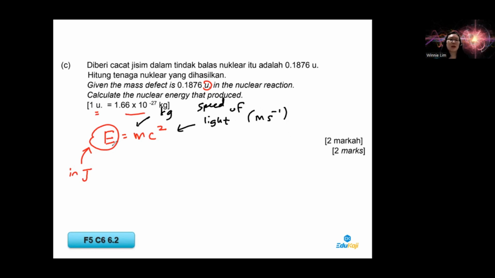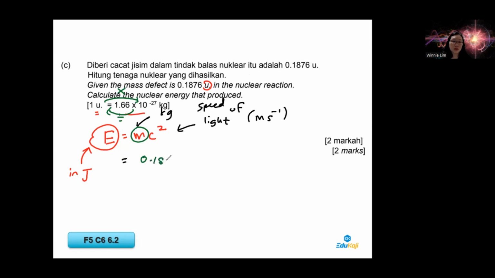Then only when you expand this, you will get the unit as joule. Okay, so now the given mass defect is in atomic mass unit. If you want to change u to kg, what do you do? You multiply. But vice versa, you will divide. So when you substitute in this mass, always be careful. It must be in kilogram.